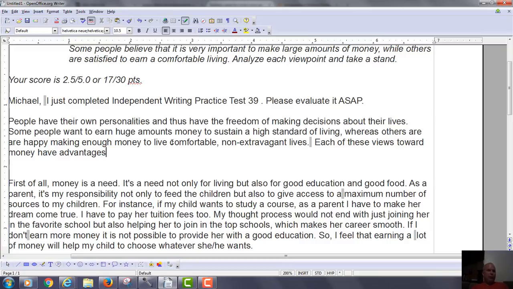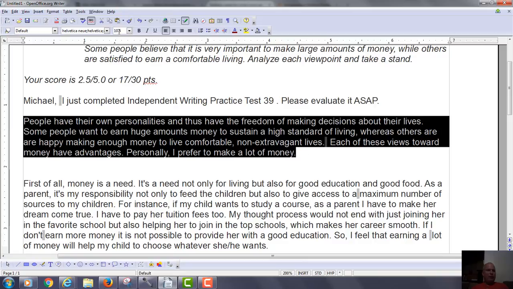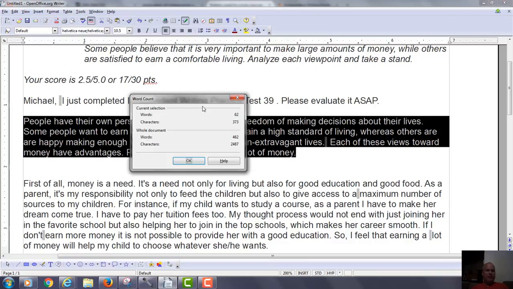So each of these views toward money have advantages. Personally, I prefer... Okay, so if you did something like this, we may have to develop this a little bit more. Let's see what we have.